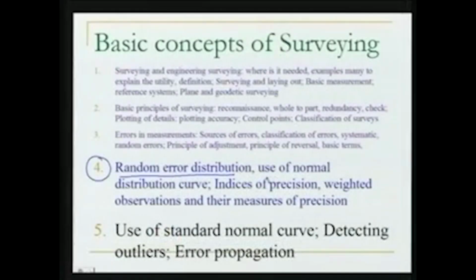Once we remove the blunders and outliers and the systematic errors from the observations, the observations still are not the true value. Why? Because there are still some errors in the observations, something which we collect from the field, and those errors are the random errors.